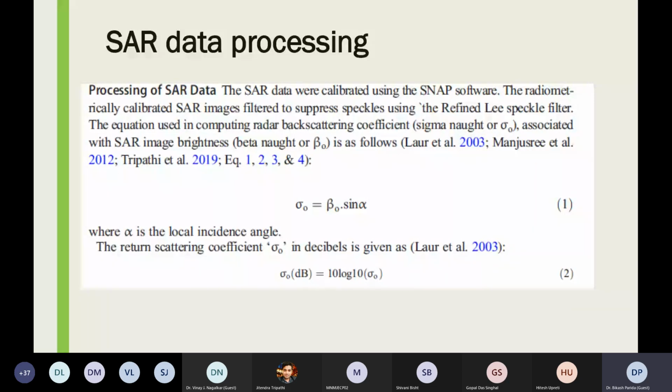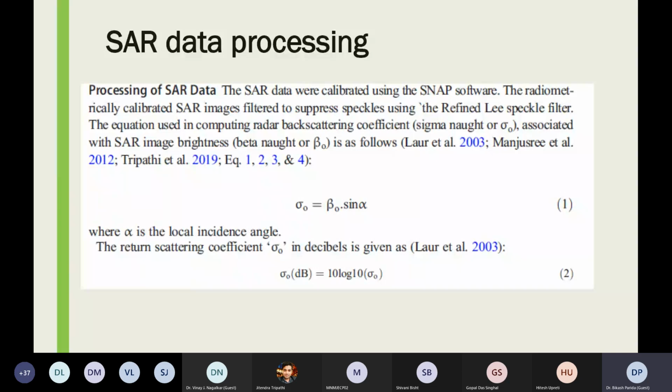Regarding slant range and ground range, this is another theory, so I am not going into details, but basically what you get from SAR data is side looking complex SLC data. It is side looking, therefore it always gives the data in terms of slant range.